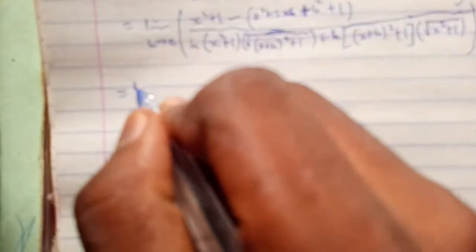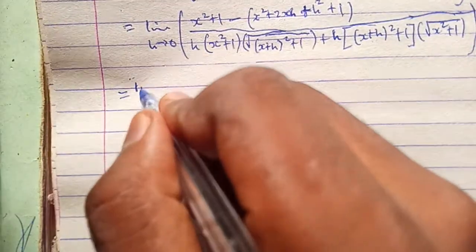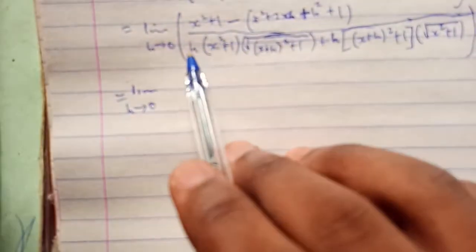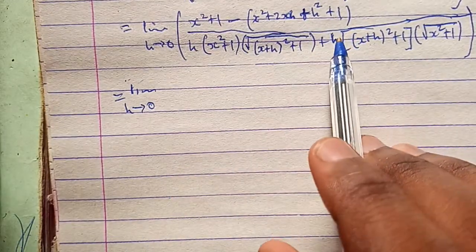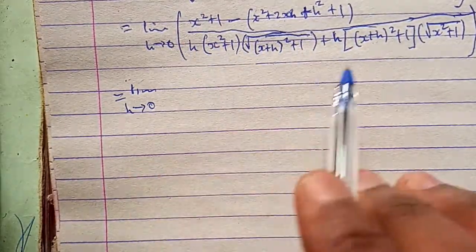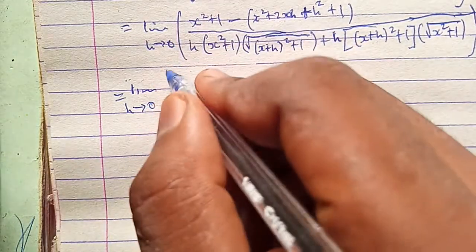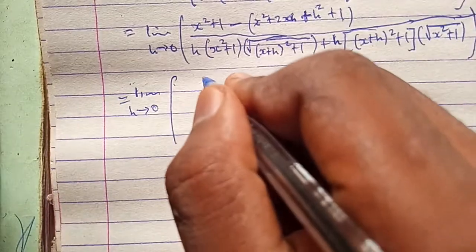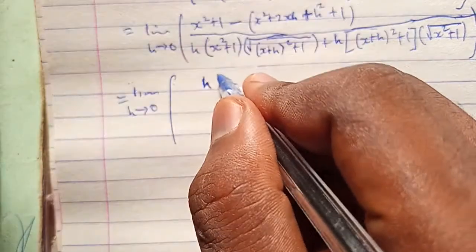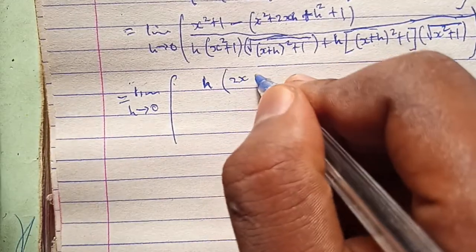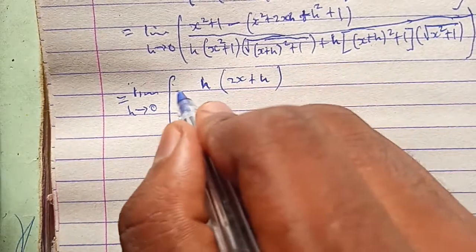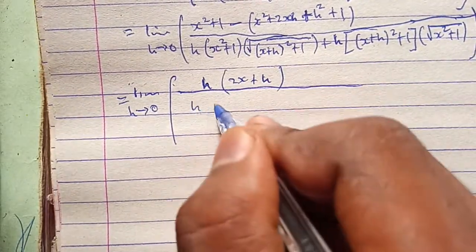So we'll have the limit as h approaches 0. We can also factorize the h here and then h here too. Have you seen that? We can factorize them out. So we'll have, as h approaches 0, of h factoring h out, then bracket open 2x plus h, then bracket close. This will be all over h out here.